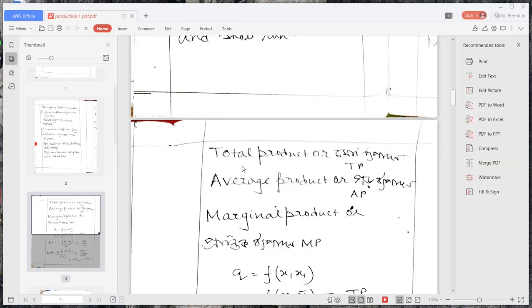Total product is the total amount of product that is obtained by keeping one input fixed and another input variable.